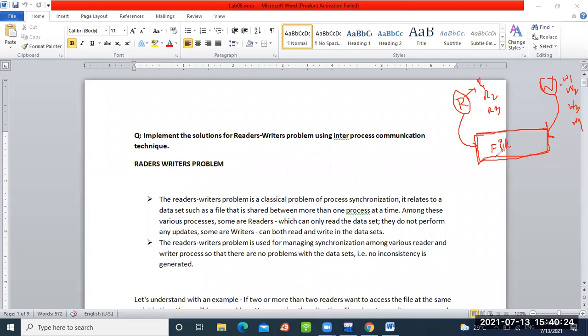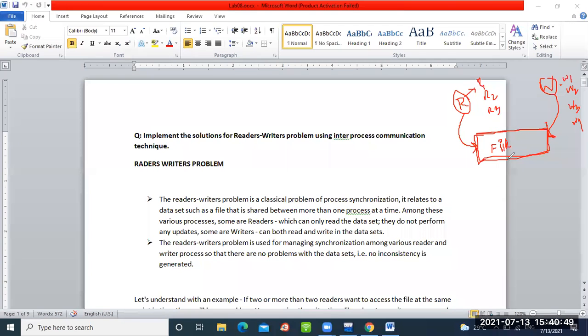If the reader and writer access this file at the same time, then what will happen? The chances are that the data may not be consistent.